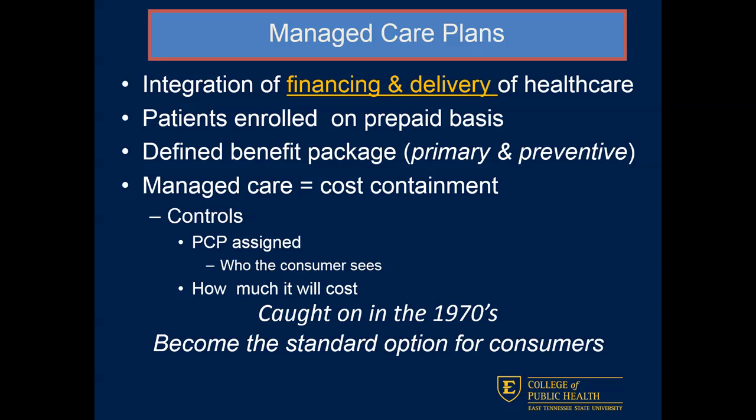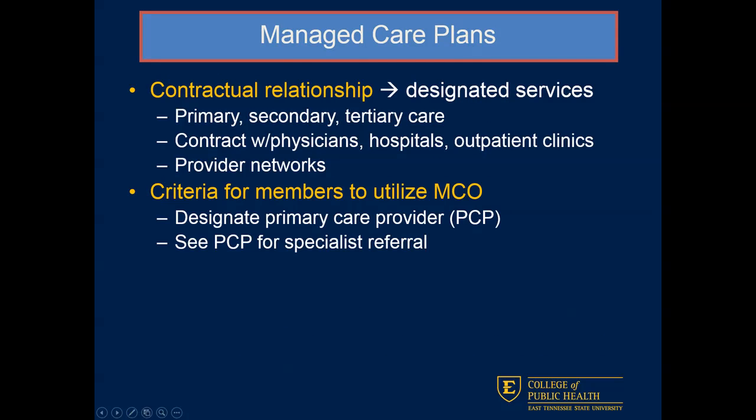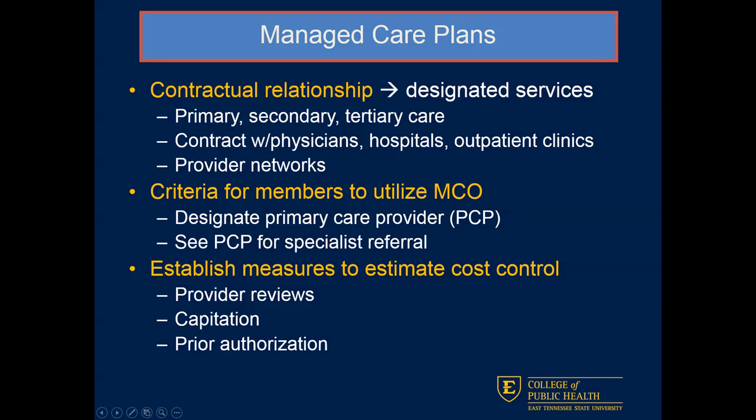So providers in this model, those who accept managed care plans, are paid on a capitation basis. Remember, we just talked about capitation a little while ago. That's how they're traditionally paid, but can be paid on a fee-for-service basis. So under managed care plans, we have a contractual relationship for more designated services, and this spans across the continuum from primary all the way down to tertiary care.